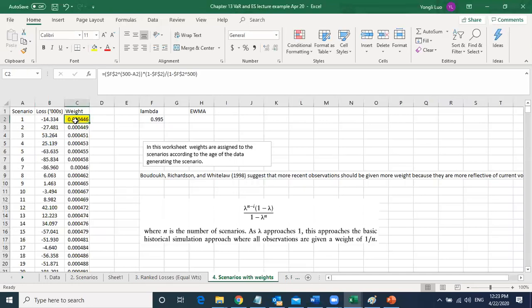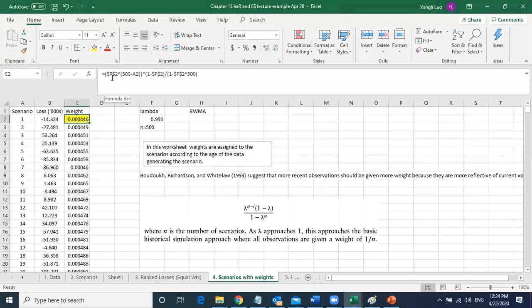The weight is going to be, remember, this is the formula: lambda raised to the power of n minus i. We have lambda equal to 0.5 and n equal to 500, so the total number of observations is 500.